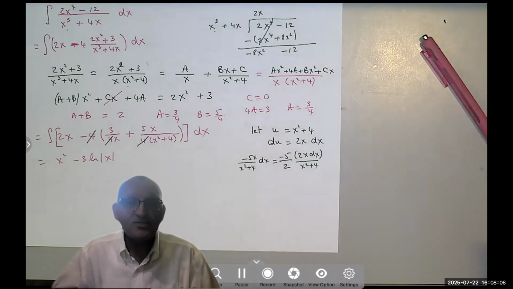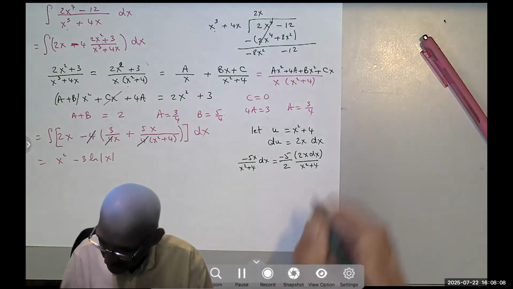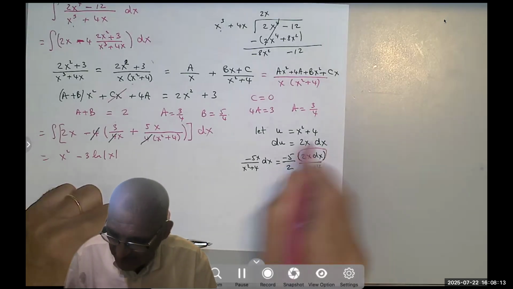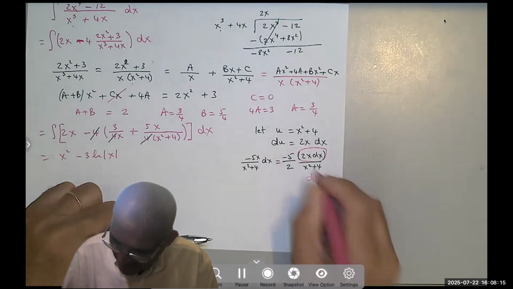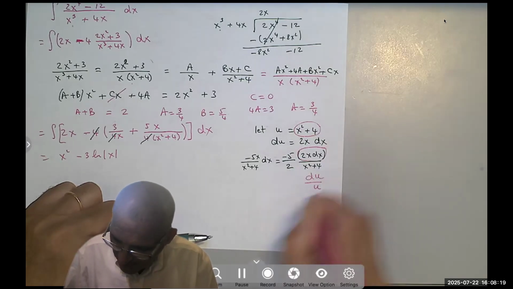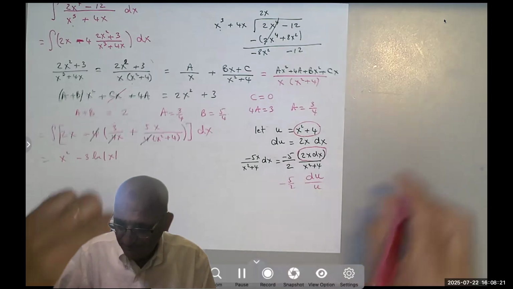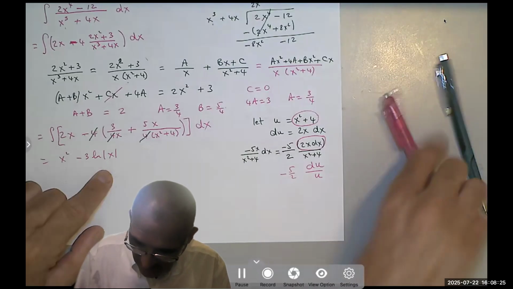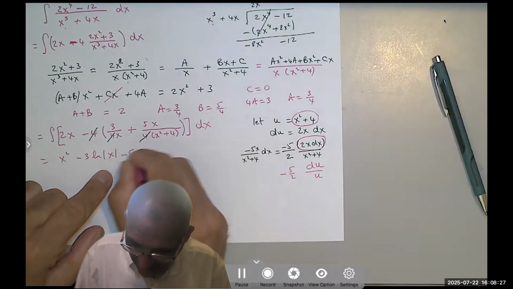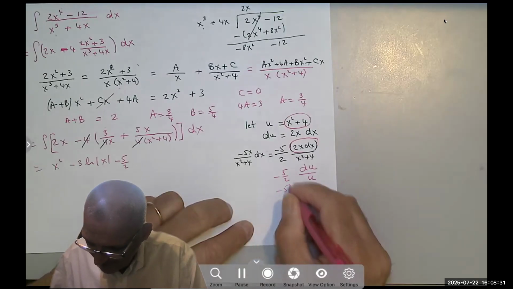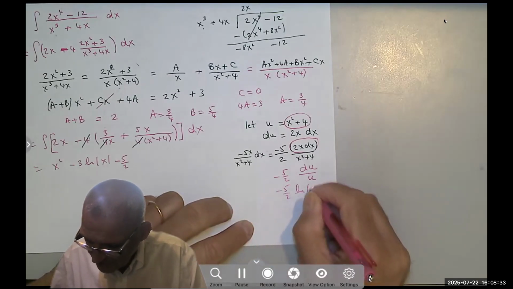I just multiplied top and bottom by 2 because this guy right now is du, and this guy right down here is u. And I have negative 5/2. So the integral of that is negative 5/2 natural log of u.